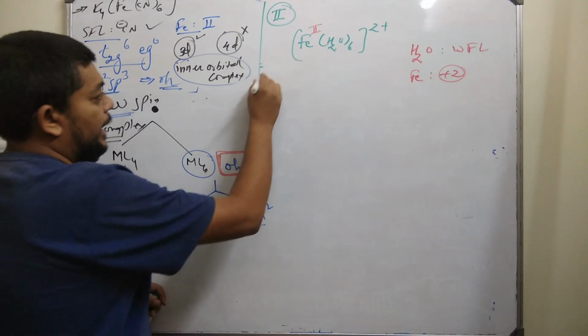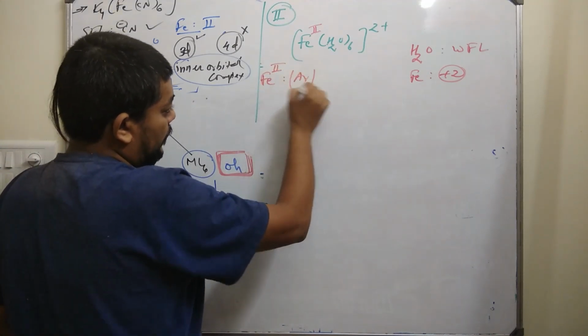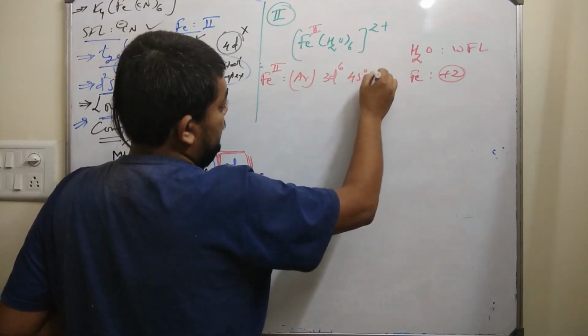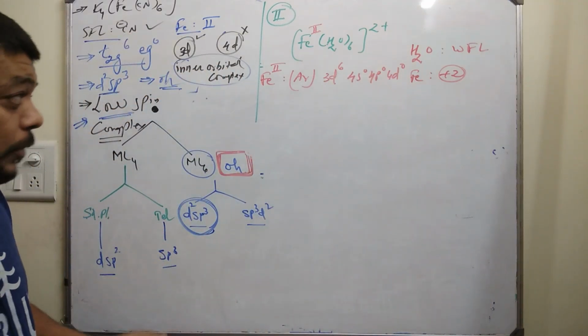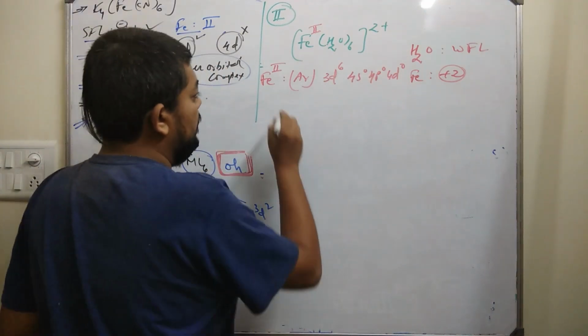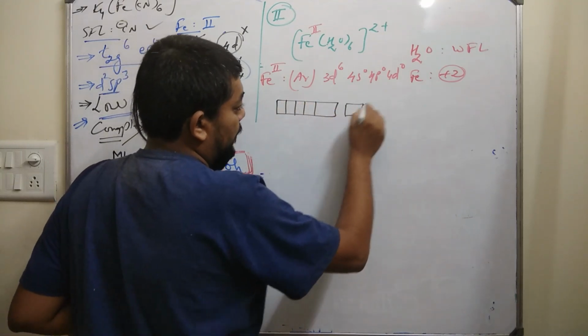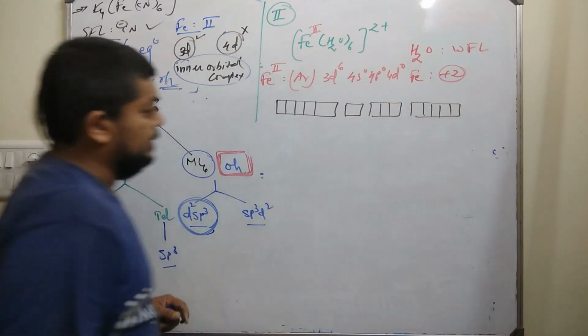Now, as Fe is in its +2 oxidation state, its electronic configuration has to be argon 3d6, 4s0, 4p0, 4d0. Now be very perfect while writing these notations in the form of suborbits and orbitals.